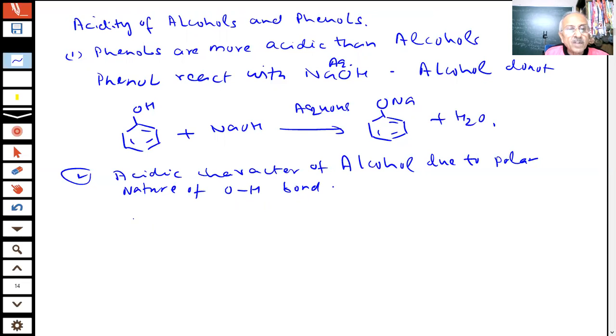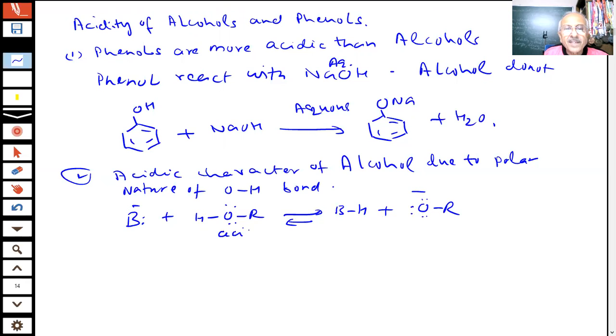Why? Because, as we said, this is our base. Base has a lone pair of electrons, student. It is reacting with alcohol. And recall Lewis acid base theory. This base will take the proton and it will become BH, and this becomes OR minus.